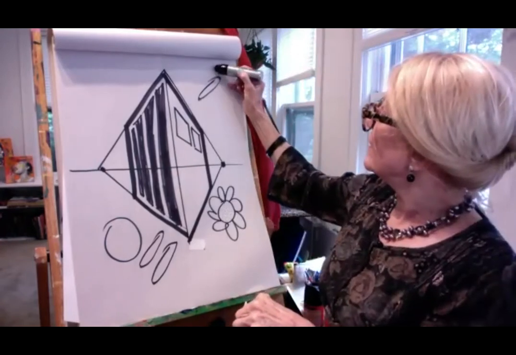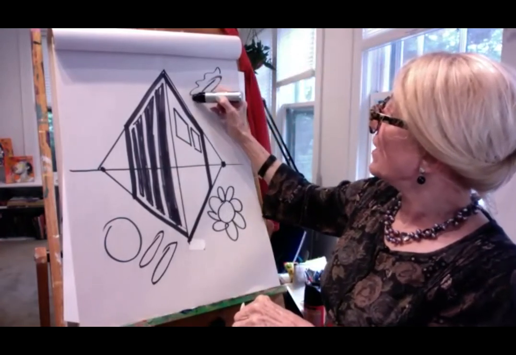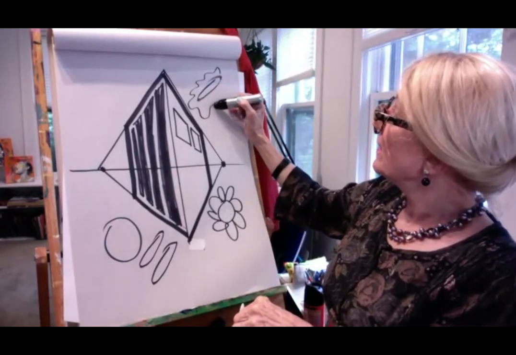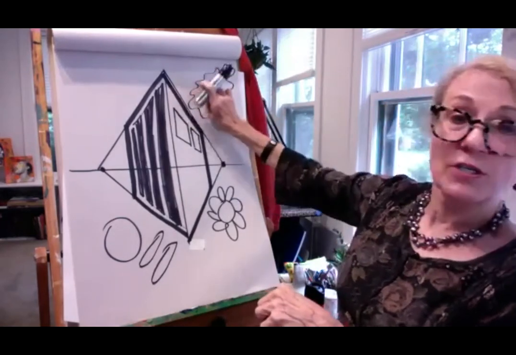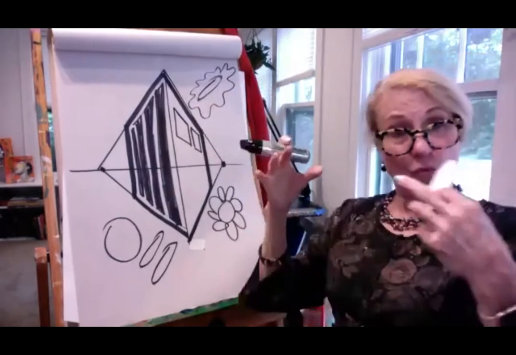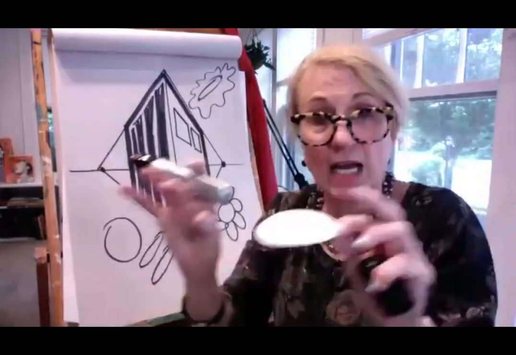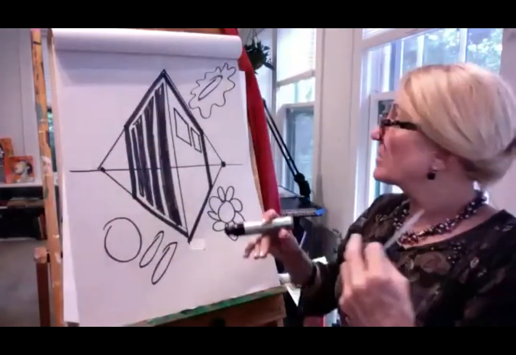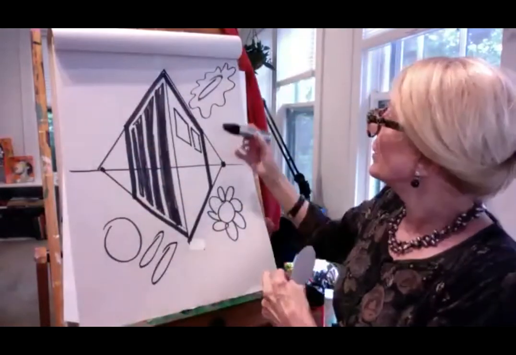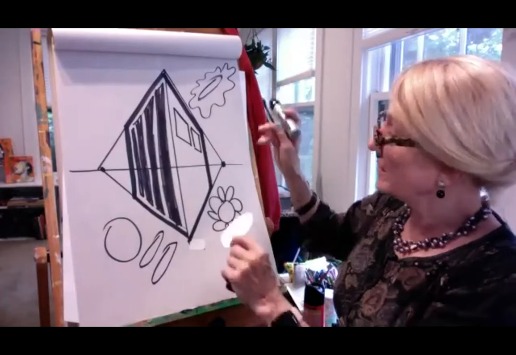And then your petals behind would be further or smaller than the ones towards you, because what is behind is smaller. The things that are in front are larger.